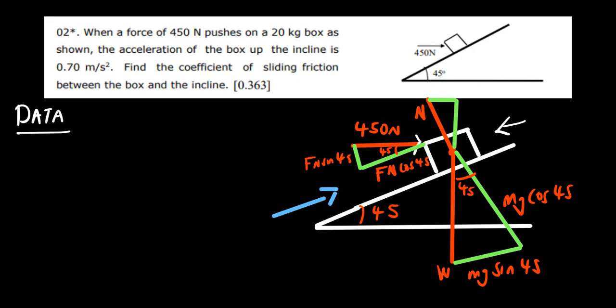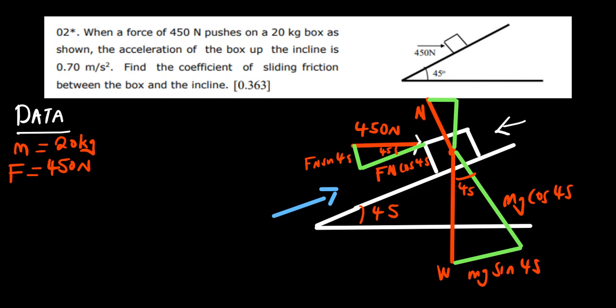So the data, let's look at the mass. What is the mass that we've been given? We're saying 20 kg. So I'm going to write 20 kg. That is the mass. Then the force, it was pushed at a force of 450 newtons.